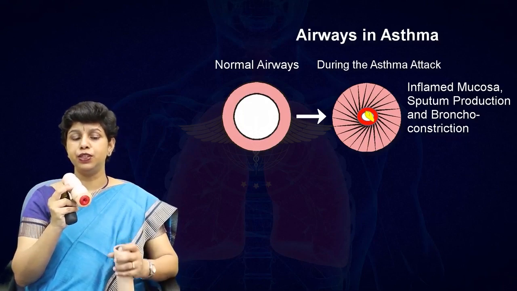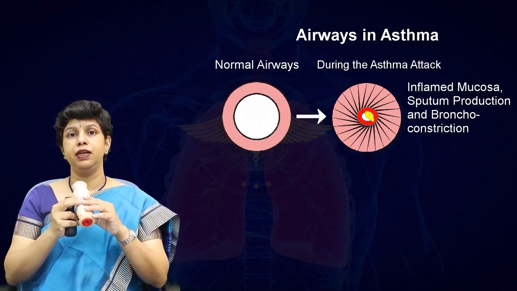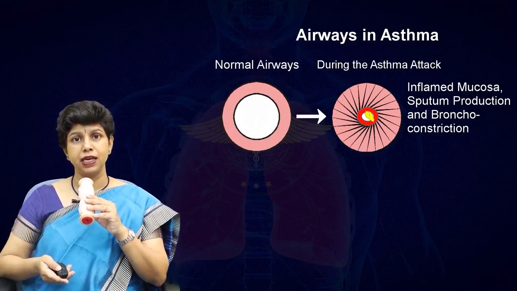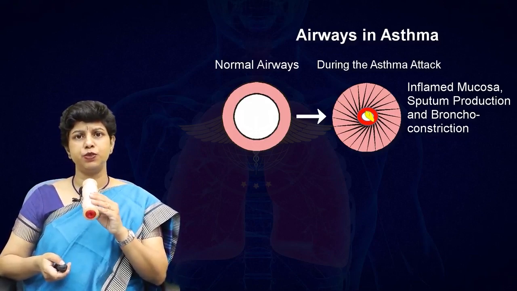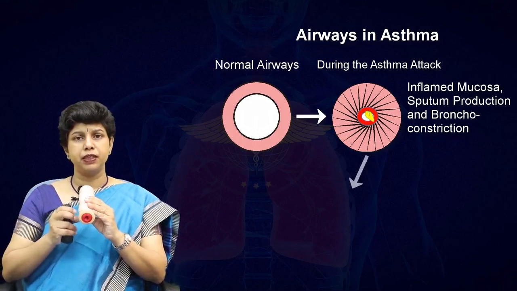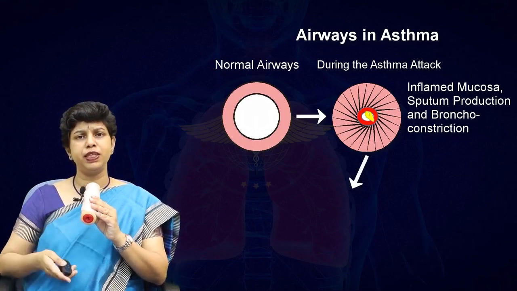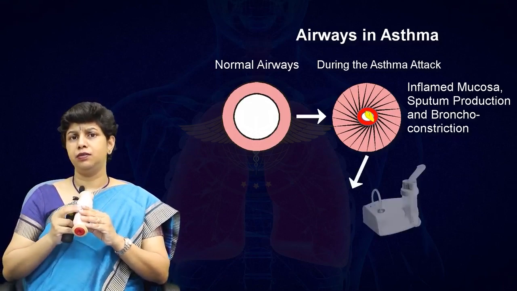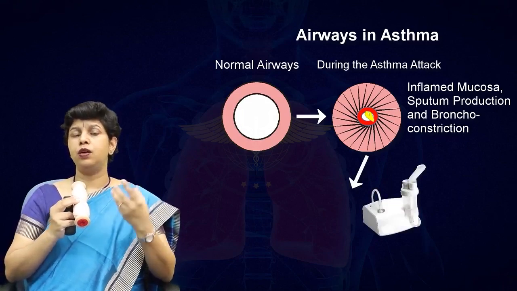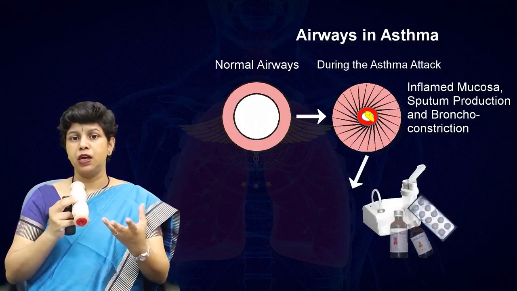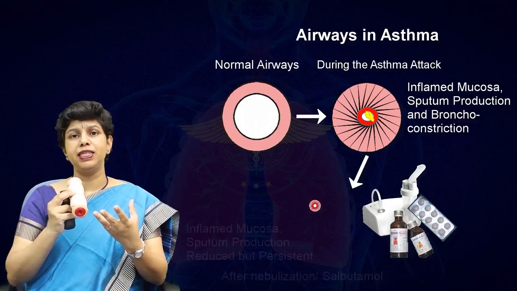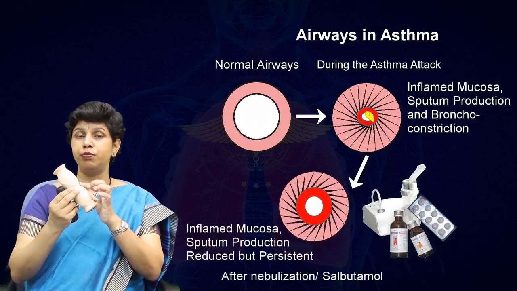And what we usually do is we give the patient bronchodilators and we relieve the symptoms of the patient. But with bronchodilators, which we usually give by nebulized form or tablets or syrups, we are only taking care of the bronchoconstriction part.